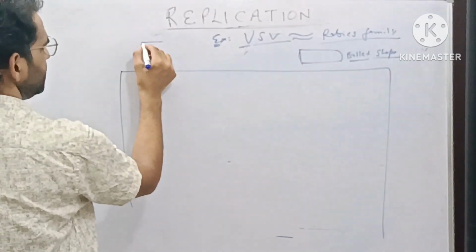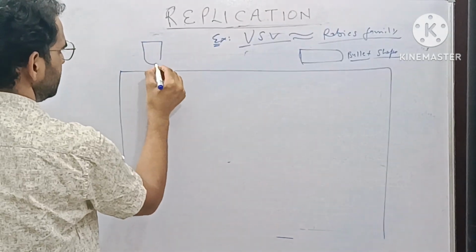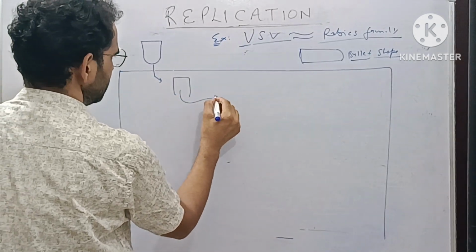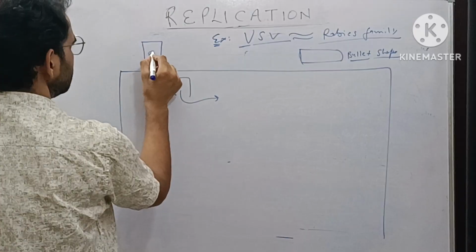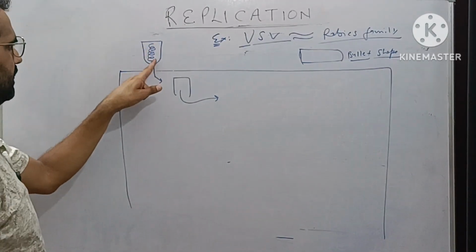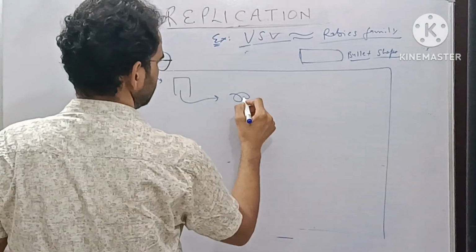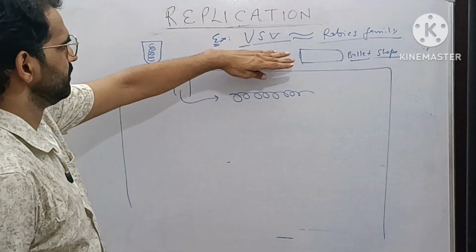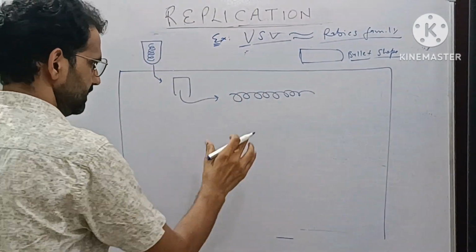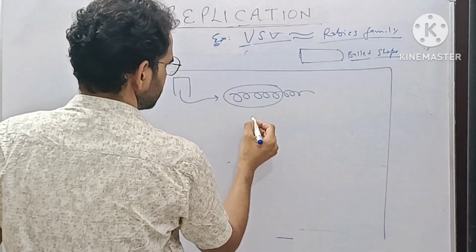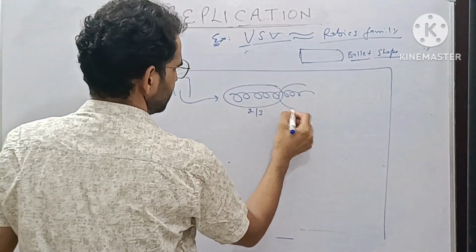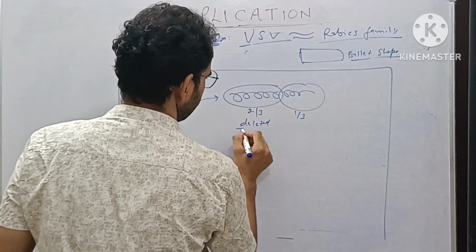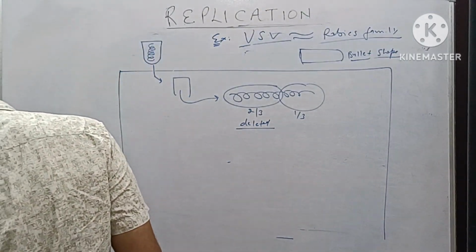This is the bullet which enters, and it has a single RNA, which is released after uncoating. What happened with the VSV virus? In this case, this is 2/3 portion and this is 1/3. This 2/3 portion is deleted.